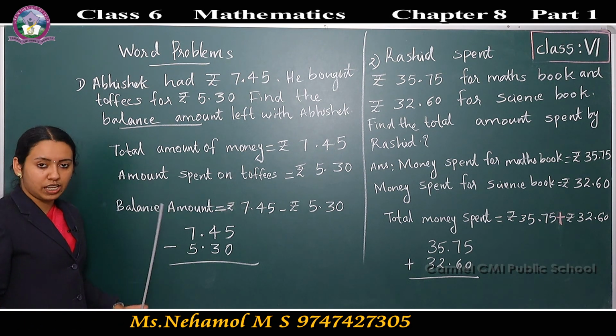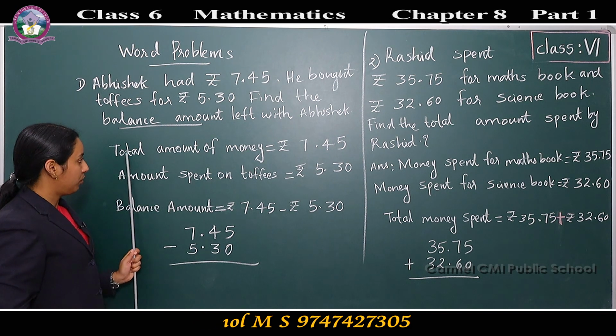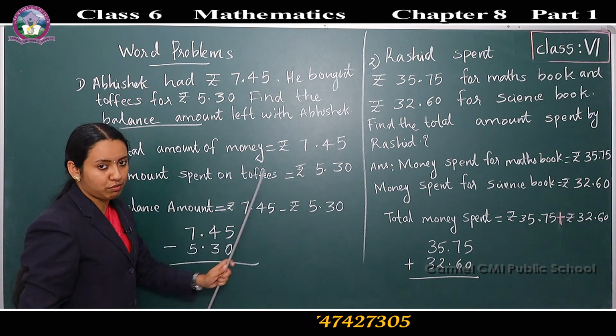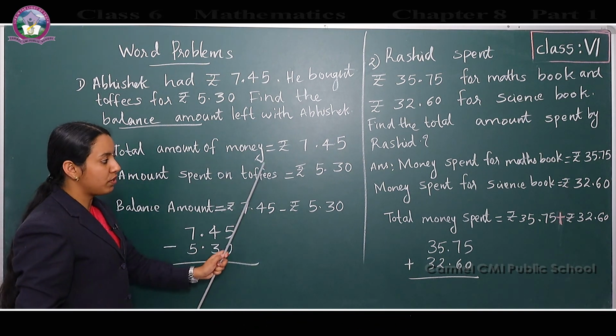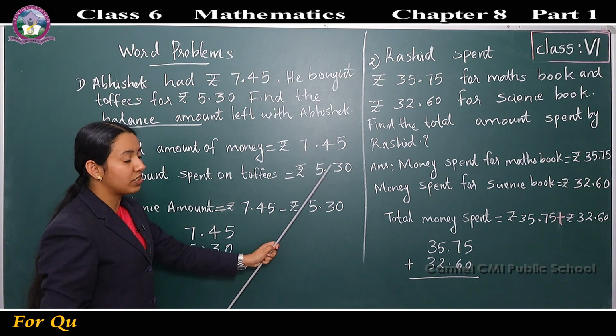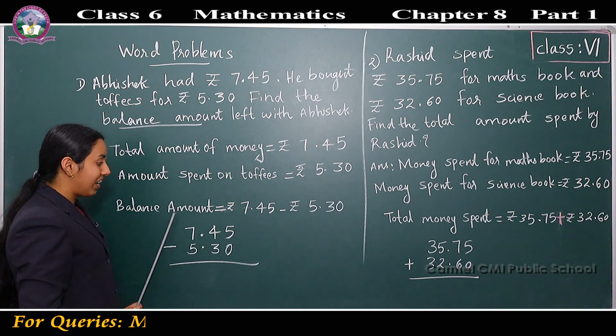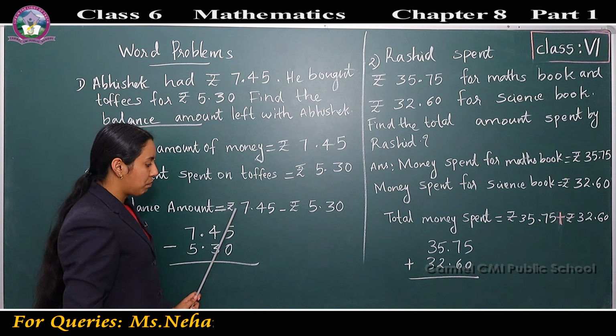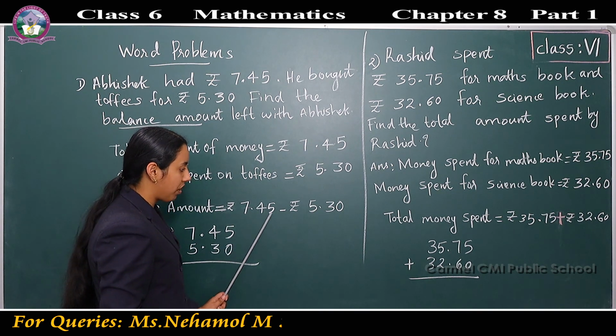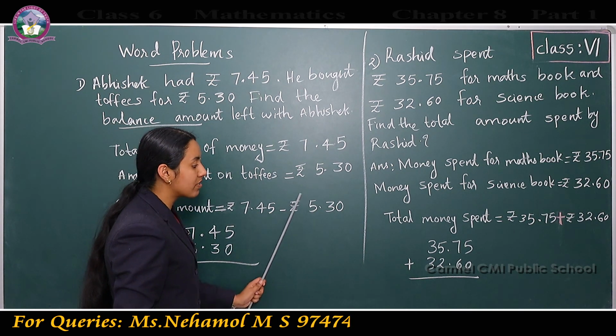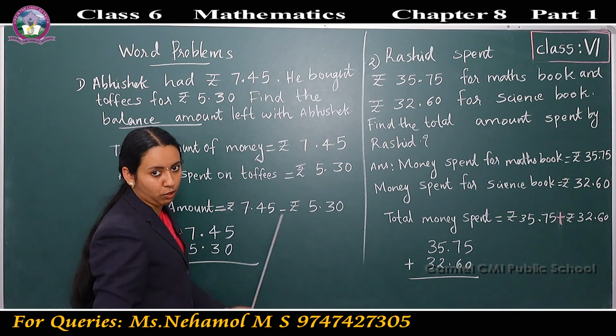Balance amount is equal to total amount 7.45 and amount spent on toffees rupees 5.30. So balance amount is equal to rupees 7.45 minus rupees 5.30.